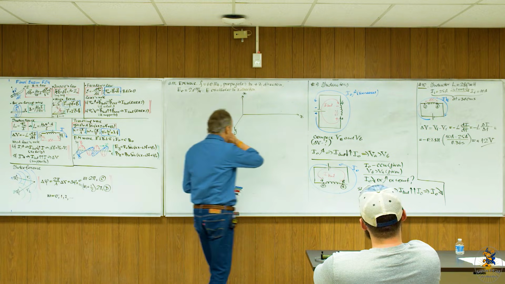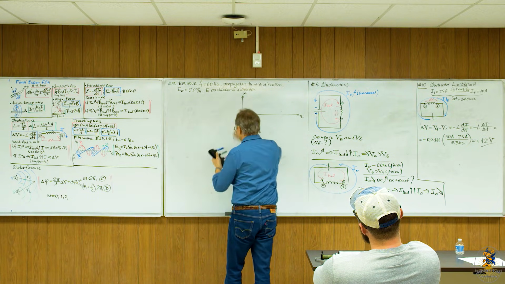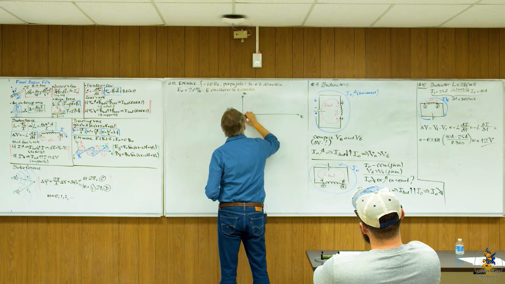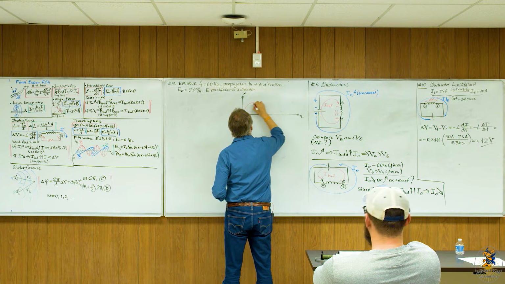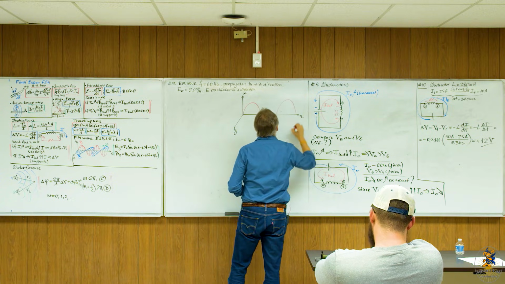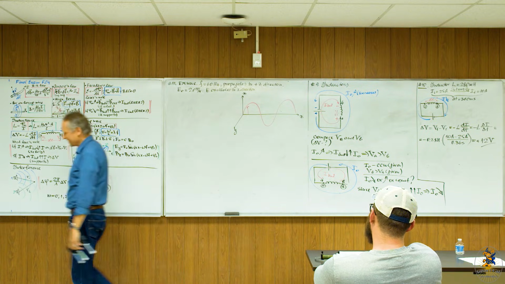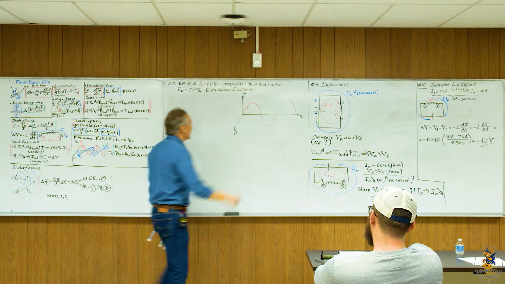Okay, electric field oscillates in X direction. So, let me use sine function. Not cosine, although it doesn't really matter. So that's my X. Electric field in the X direction.